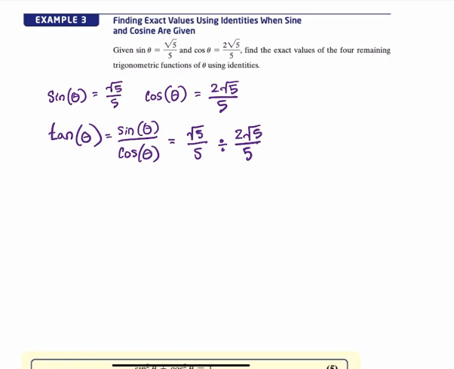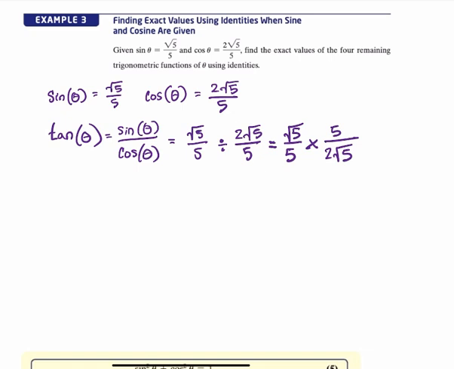And I'm writing it out like this because I'm dividing two fractions, so I'm already getting ready to flip the second fraction over and multiply. Remember, when you divide two fractions, you have to flip the second one and then multiply them together. I've heard a lot of students use the phrase keep, change, flip, so you may have been taught that particular phrase. So let's keep the first one, root 5 over 5. Change the division to multiplication, and then flip the second fraction, so 5 over 2 root 5.